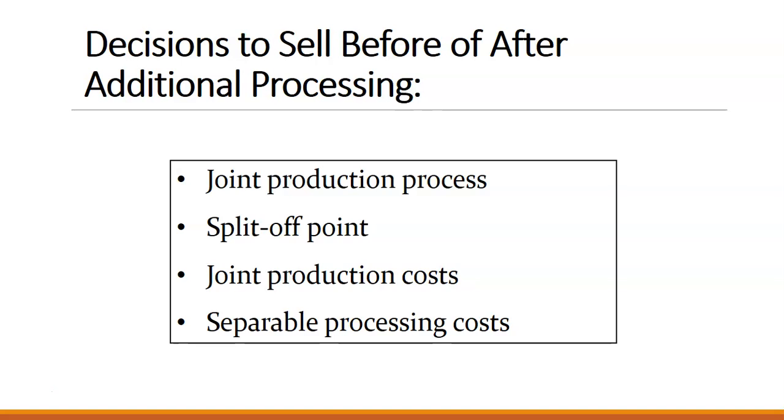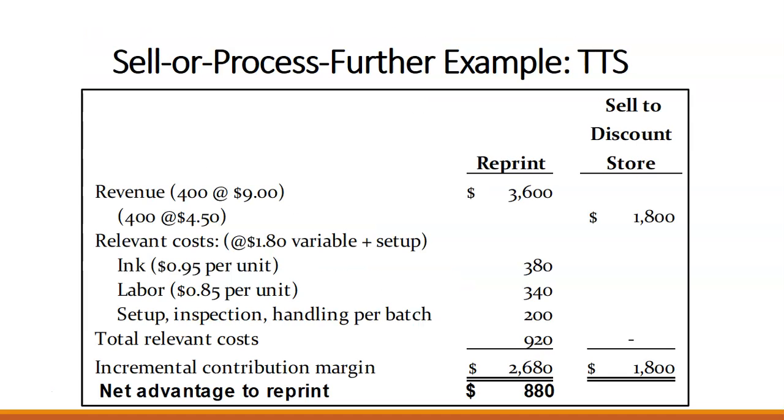So the decisions to sell before or after additional processing look at the joint production process, the split-off point, any joint production costs, and the separable processing costs. So we have our revenue. If we reprint, we can sell it for the full price of $9, or we can sell as is for $4.50.